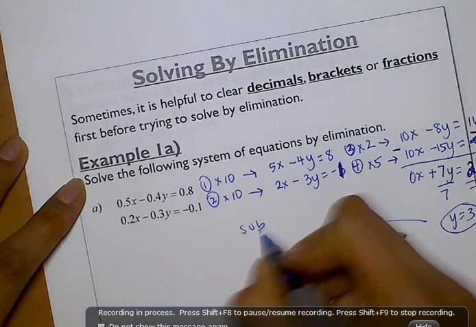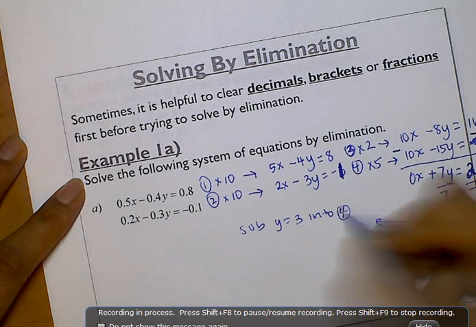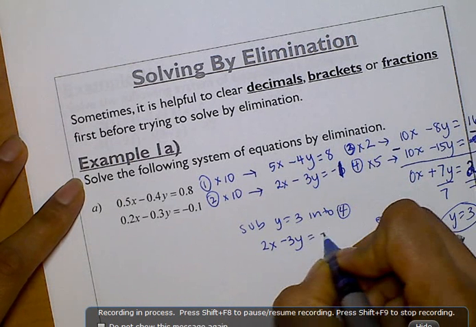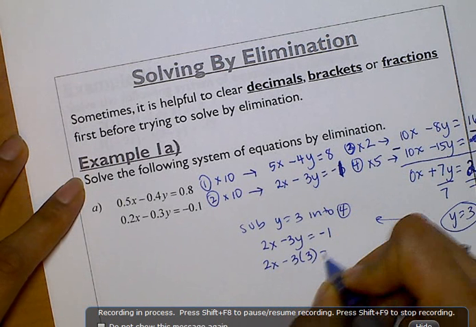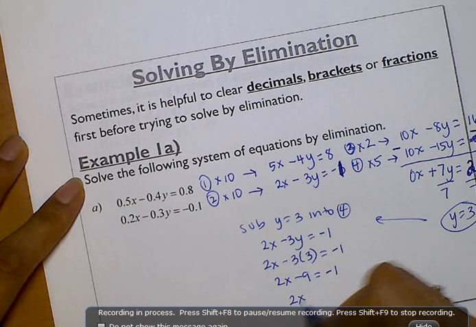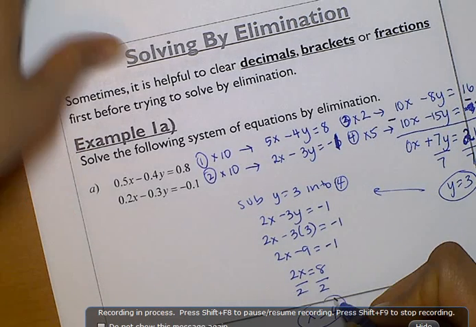So that's 2x minus 3 times 3 equals negative 1. 2x minus 9 equals negative 1. 2x equals 8. Divide both sides by 2, x equals 4. So therefore, my solution is x comma y, that's 4 comma 3.